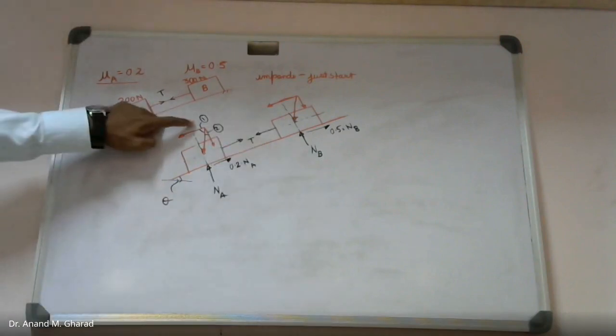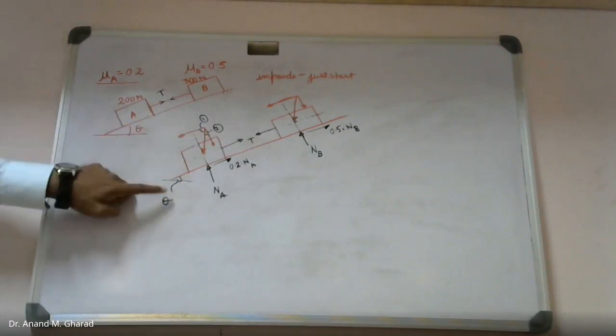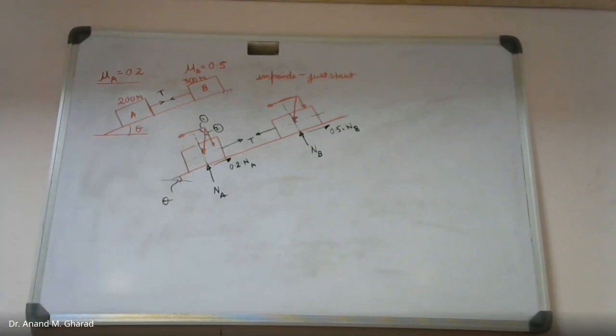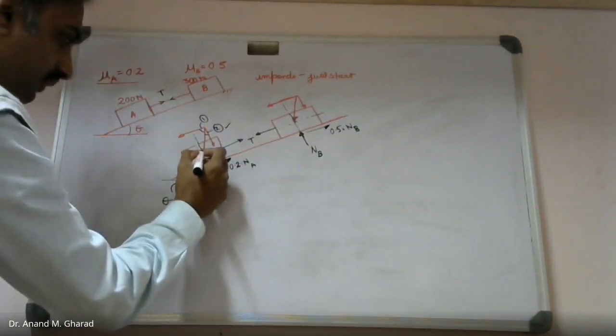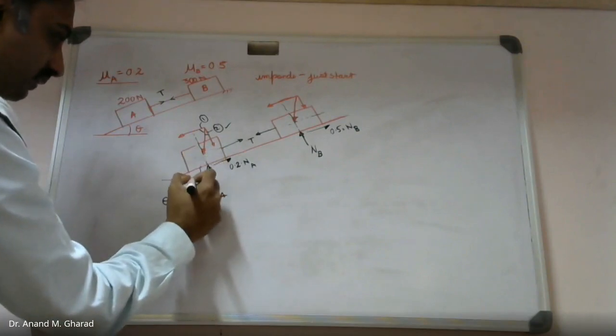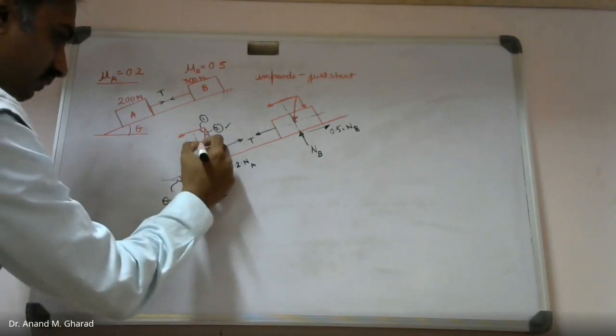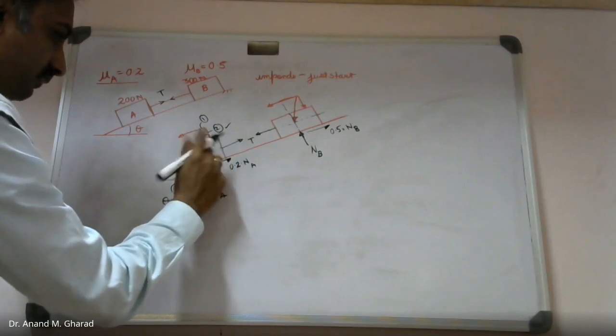So out of 1 and 2, which one will be theta? Then two, this one, because you can see from this geometry, if I extend this, you will appreciate this angle will be theta.